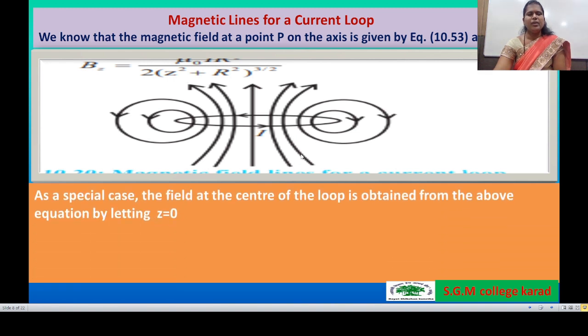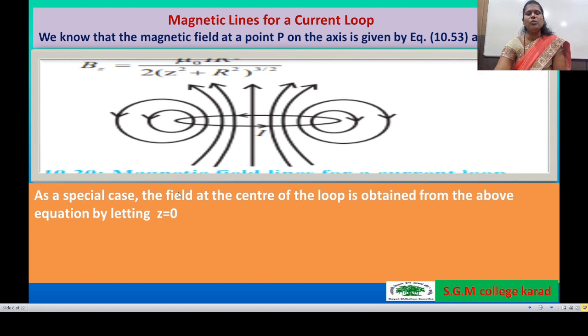Now see here, as a special case, the magnetic field at the center of the loop is obtained from the equation when z is equal to 0. At the center of the loop, we can substitute z equal to 0 because the magnetic field is present only along the z axis. So Bz is equal to mu 0 I r square upon 2 (z square plus r square) to the power 3 by 2.